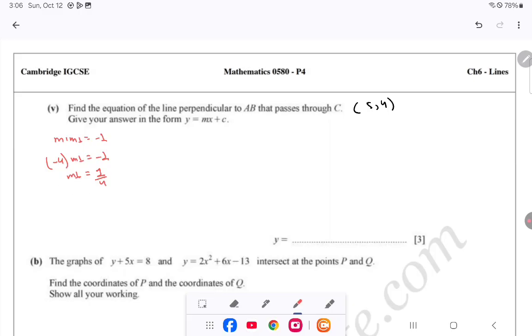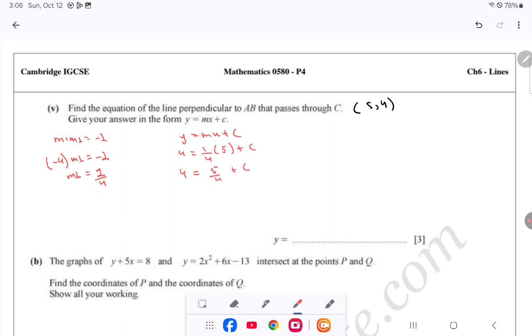Now what we're going to do, we have to put the value of 5, 4 in the equation y is equal to mx plus c. Y is our 4, m is our 1 over 4, and x is 5, plus c. So 4 equals 5 over 4 plus c.